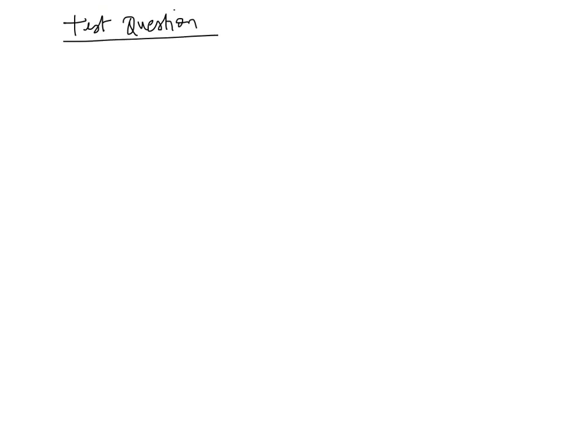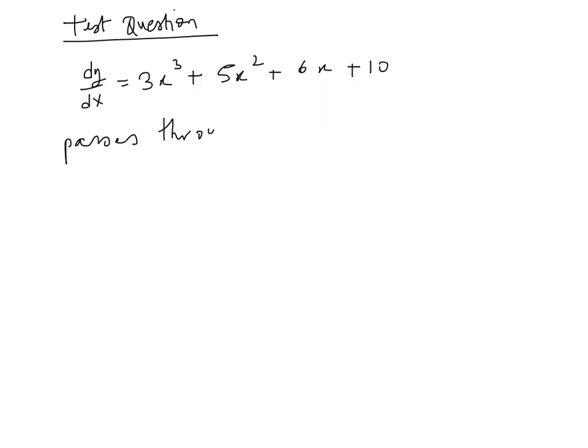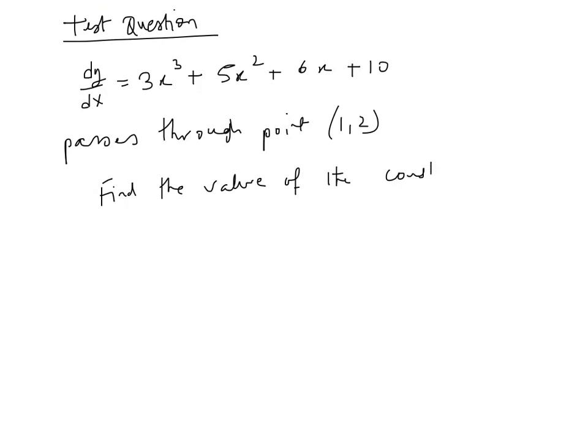And what I'd like you to do is, for a curve with the gradient dy over dx equals 3x cubed plus 5x squared plus 6x plus 10, which passes through the point (1, 2), work out the equation of the curve and find the value of the constant of integration c.